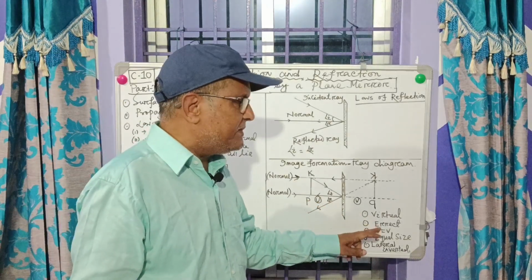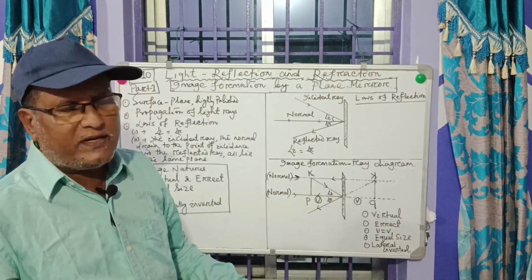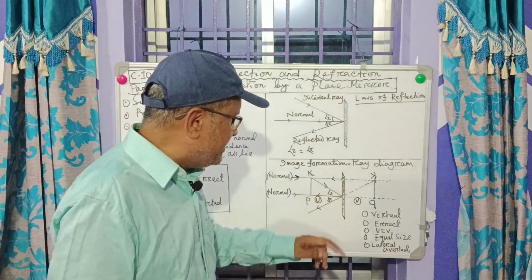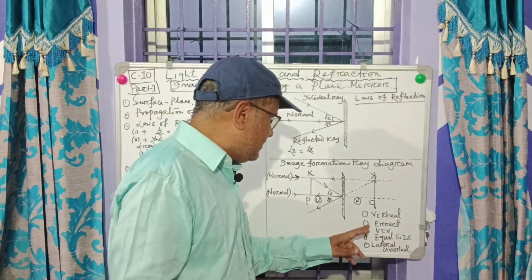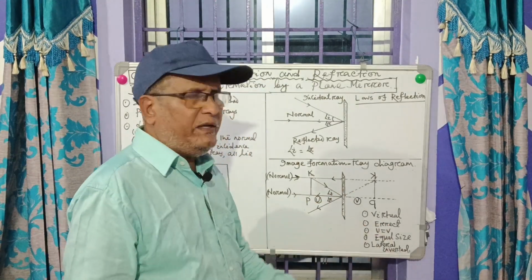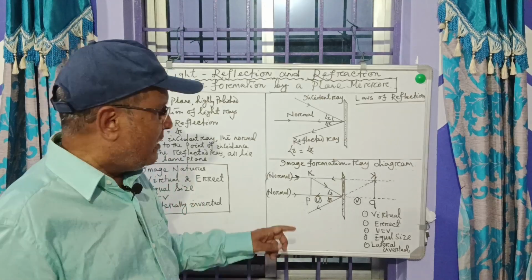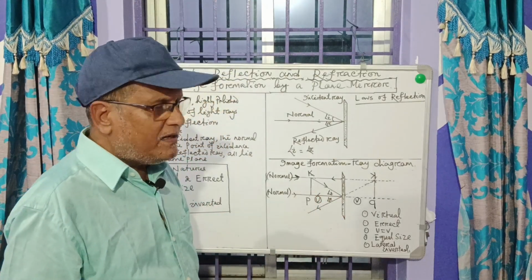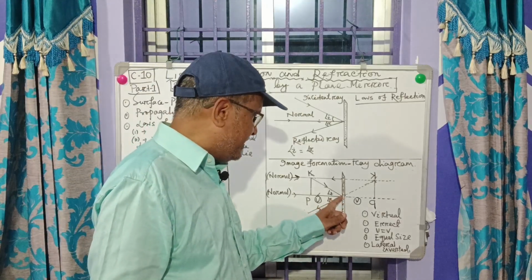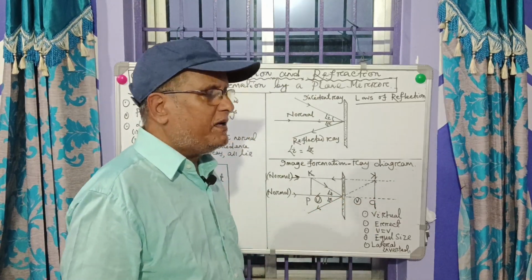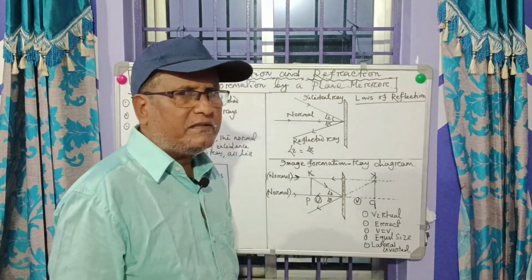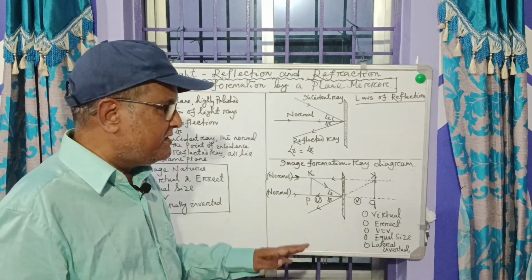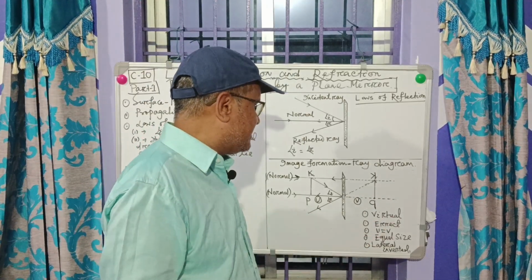Then, the object distance is denoted by the symbol u and the image distance by v. From the object to the mirror is the object distance, and from the point of incidence to the image is the image distance. The object distance is equal to the image distance.